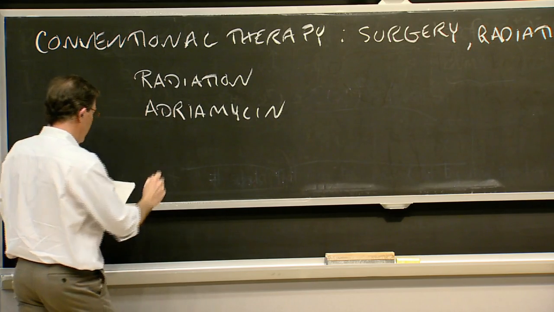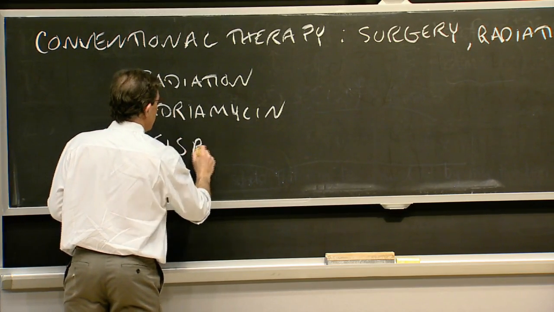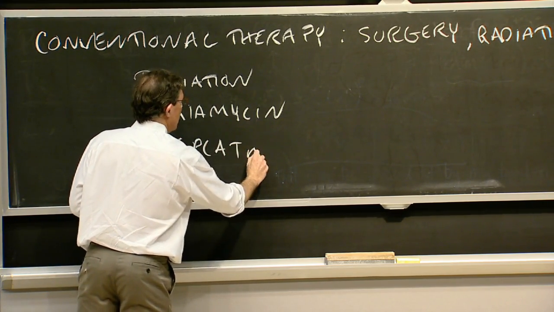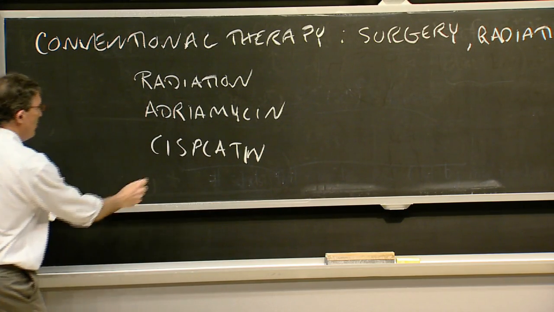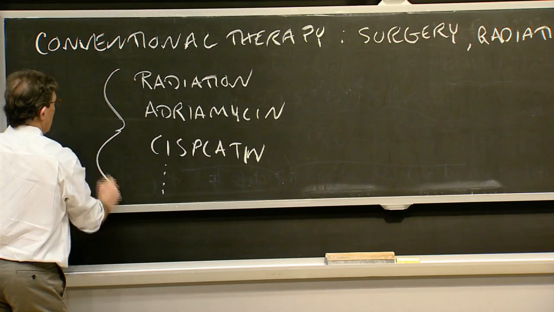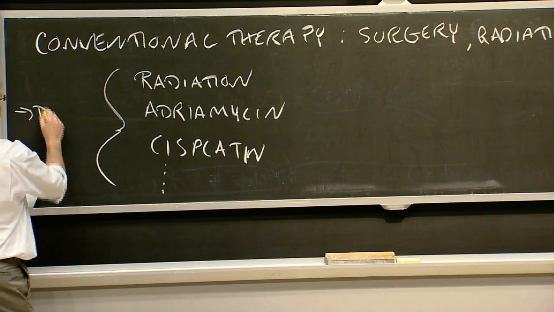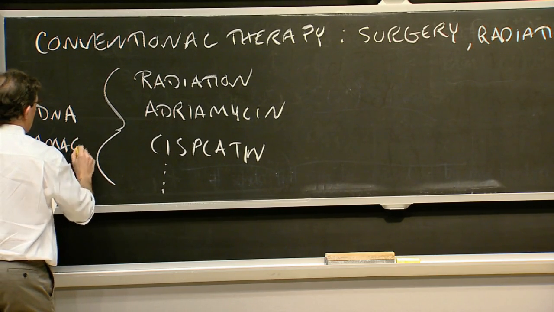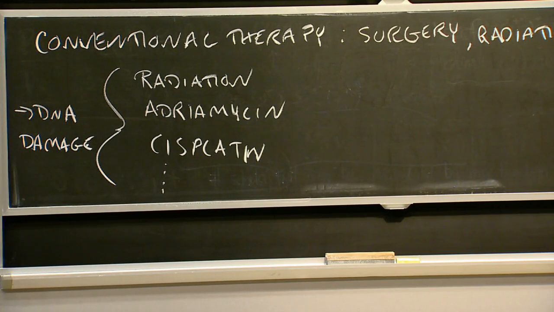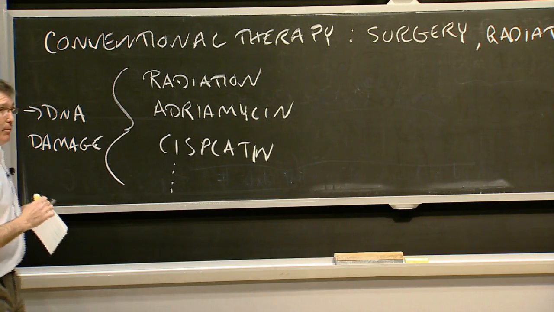Adriamycin, which you will have heard of, cisplatin, which you will have heard of. These are well-used cancer therapeutics, and many more function by inducing in the cancer cell DNA damage. And the damage can be sufficiently severe that the cell will die. And these therapies can be effective.